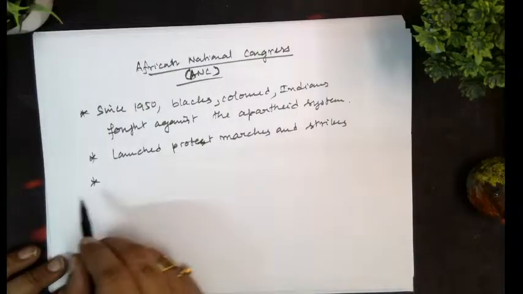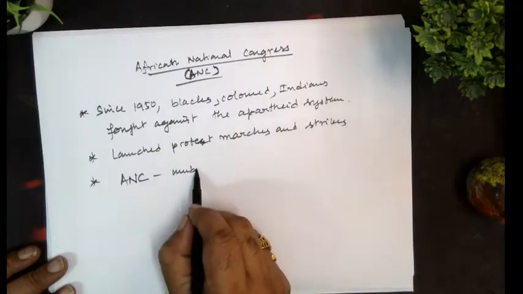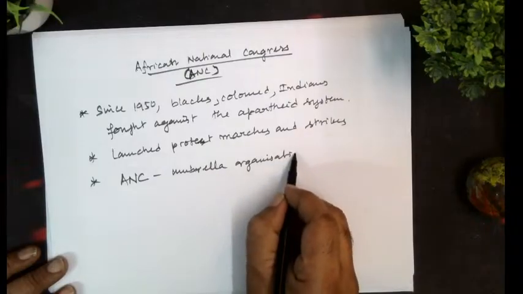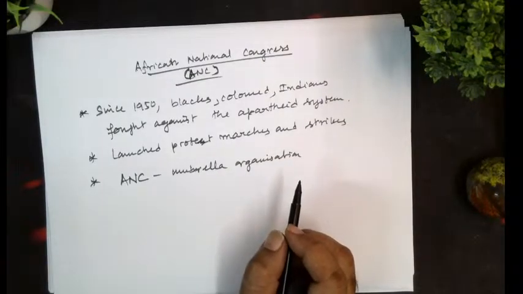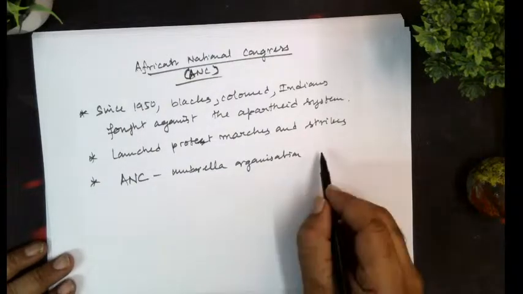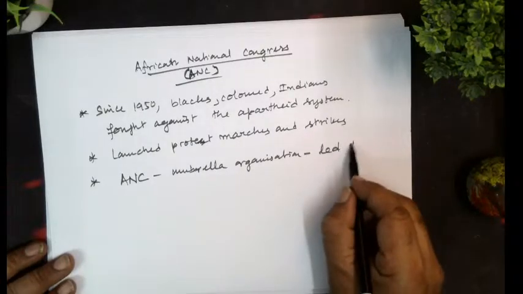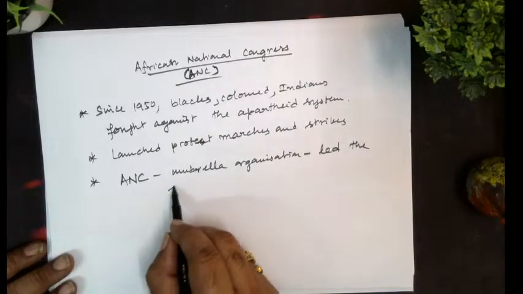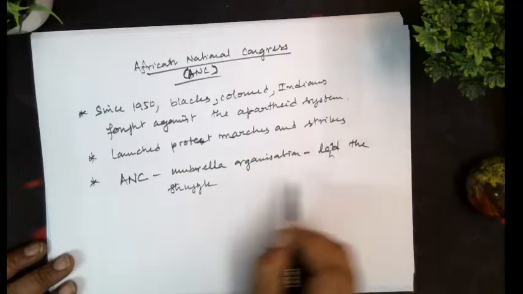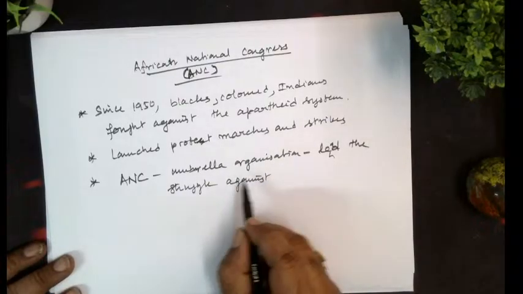ANC was an umbrella organization that led the struggle against the policy of segregation.